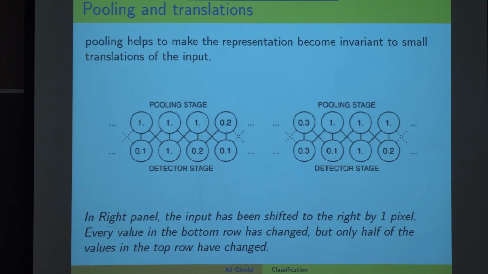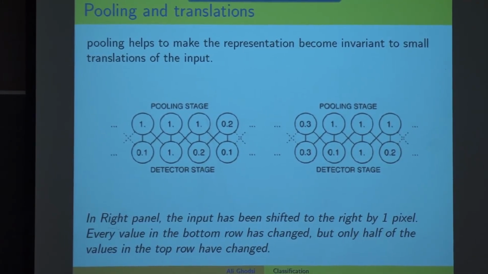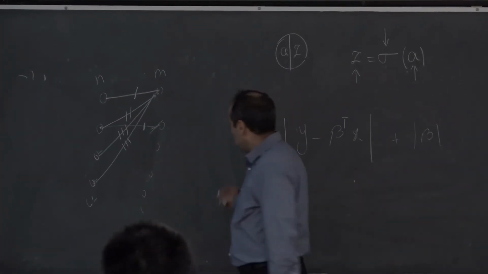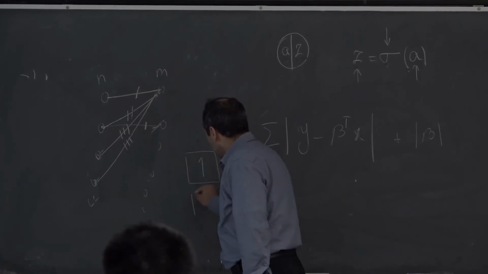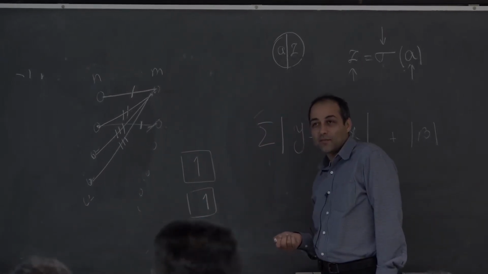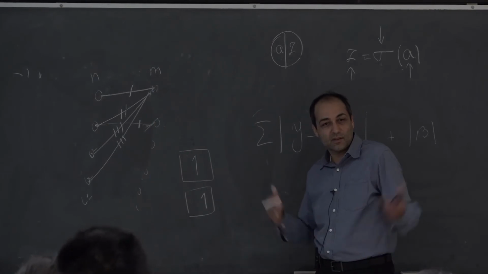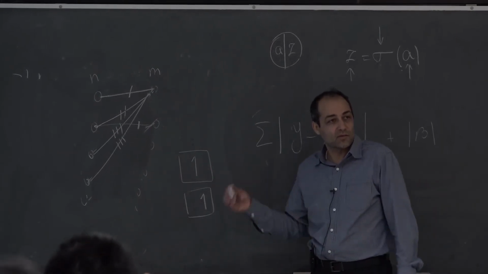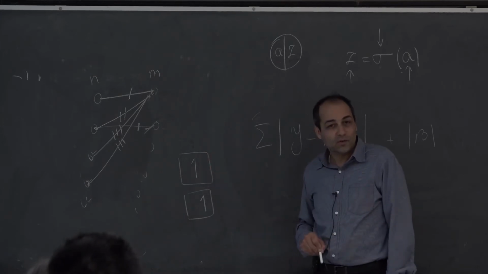So it is as if it is invariant with respect to local translation, which is important in many types of detection. If you want to do handwritten digit detection, it doesn't matter if I write 1 like this, or if I write 1 like this, if it's here. If you simply convert these two to vectors and feed a classifier, logistic regression, SVM, it's not going to work, because the Euclidean distance between these two is huge.